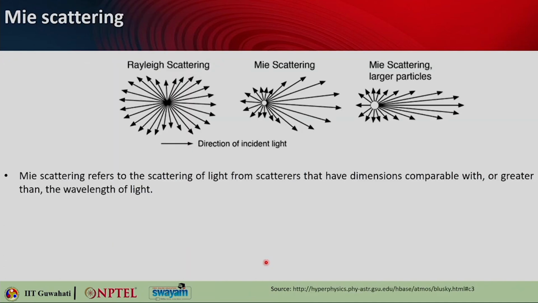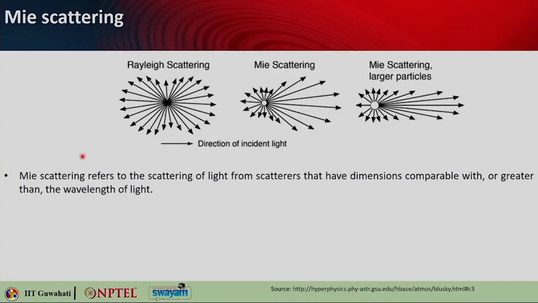Now, when the particles get slightly bigger, in the sense when the dimensions of the scatterers are comparable to or greater than the wavelength of light, it is described by Mie theory, and we call that Mie scattering. We will not go into the details of Mie theory. Mie was also able to explain in 1908 the different colors of colloidal solutions of different nanoparticles based on his theory.